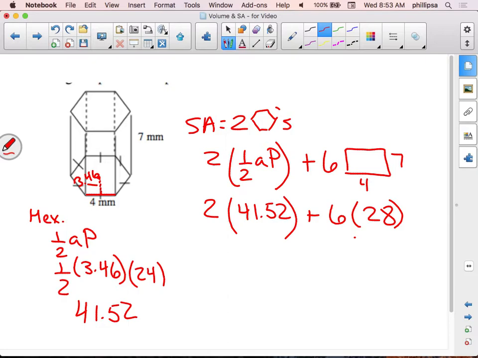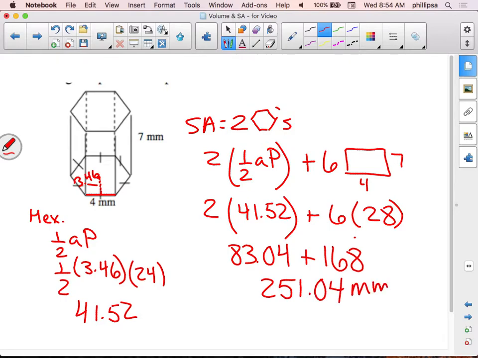So this is obviously going to be 83.04, and then 6 times 28, that has an area of 168, and so your total surface area for this prism would be 251.04 millimeters squared.